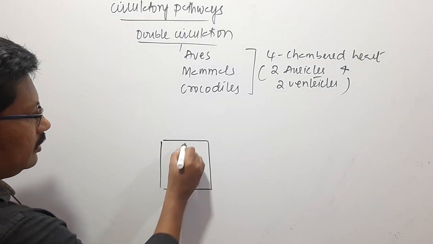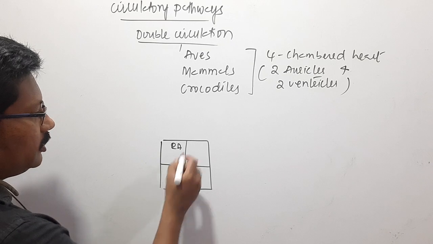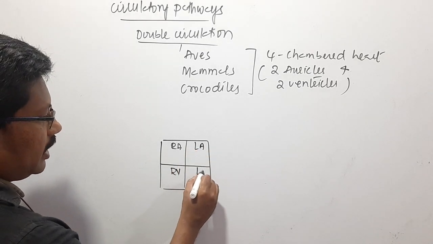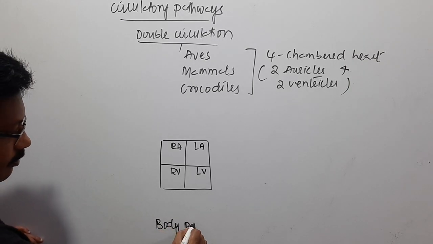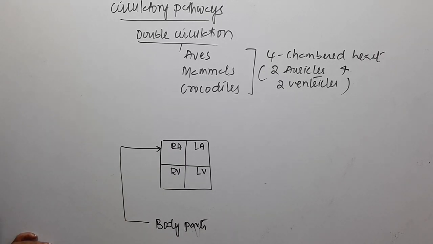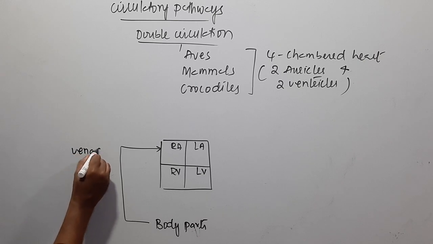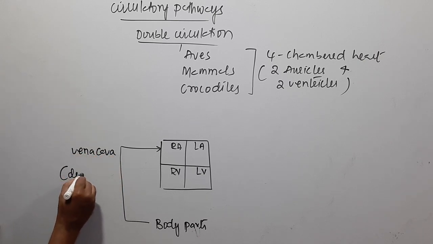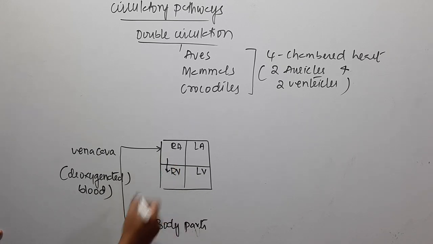Here this is the right atrium and right ventricle, left atrium and left ventricle. From the body parts, the deoxygenated blood passes to the right atrium through the veins called the vena cava. From the right atrium the blood passes into the right ventricle.